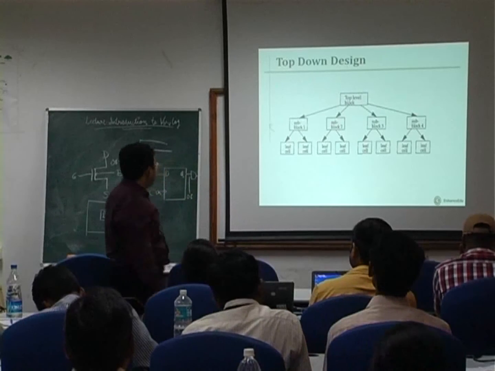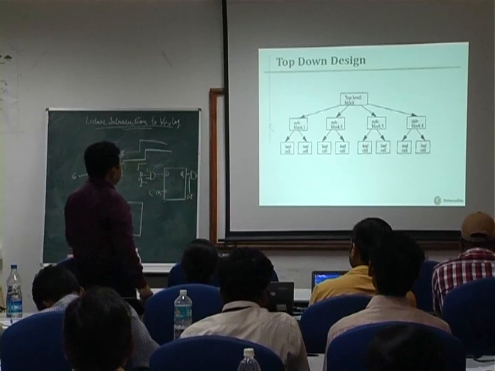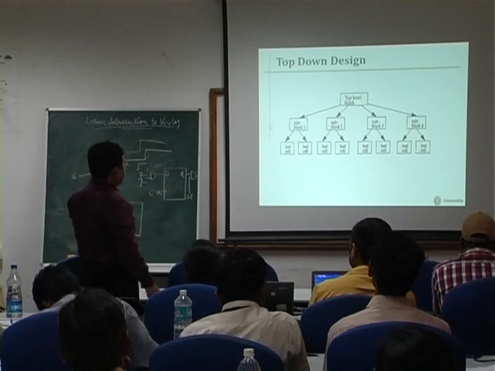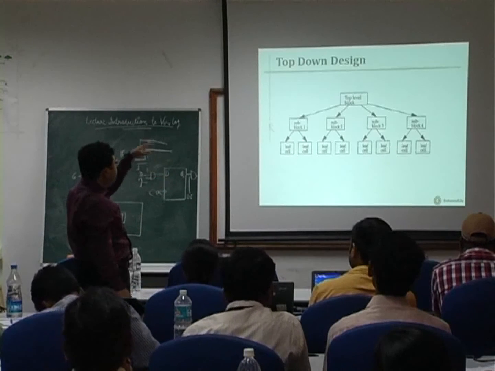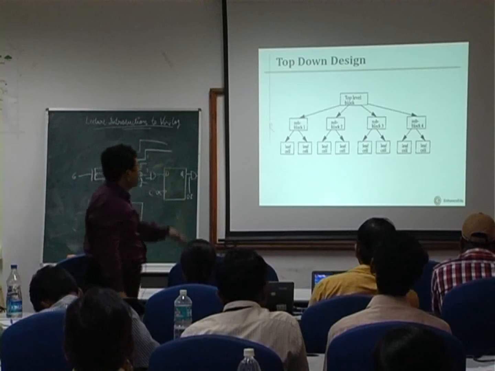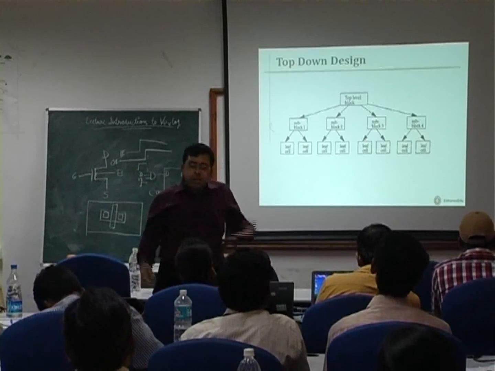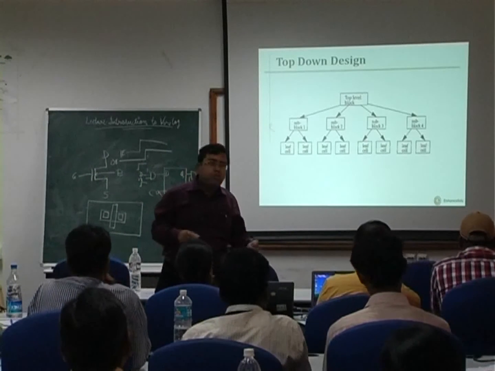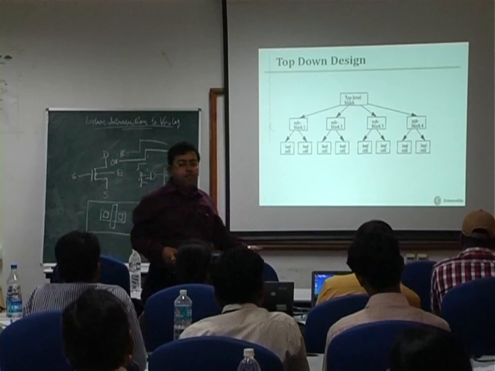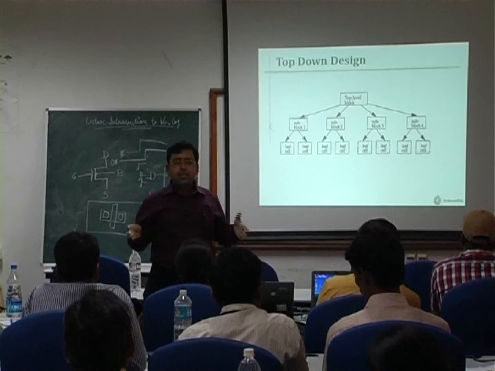To see it graphically, we start with the top level module, then split it into 4 submodules, then again split each of the submodules into further sub-submodules and so on. I have shown it for 3 levels, but it doesn't mean that you just do the design in 3 levels.